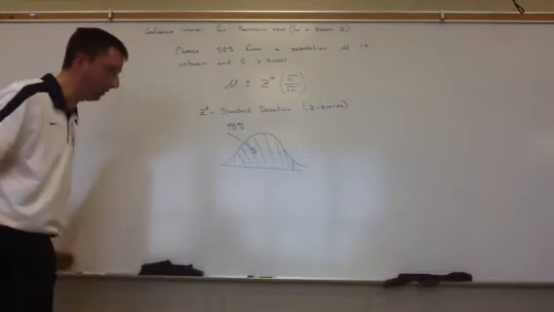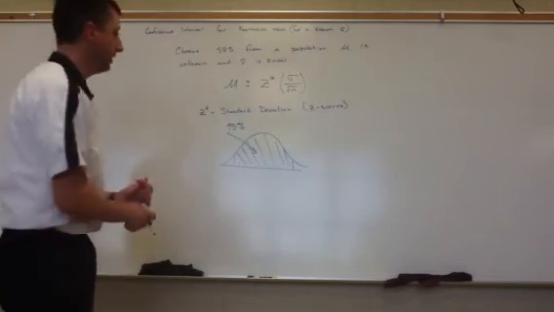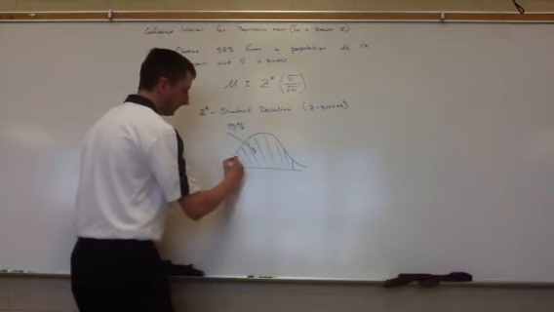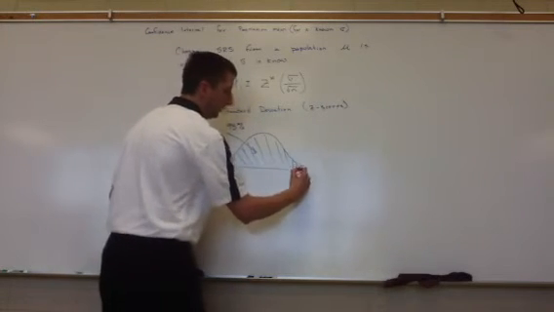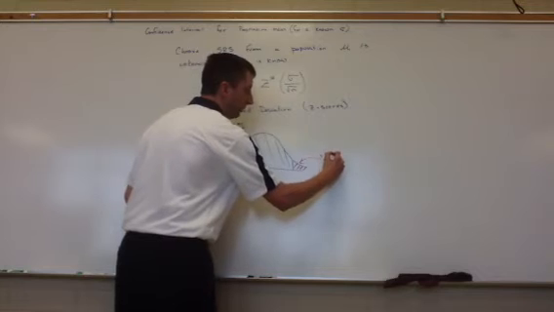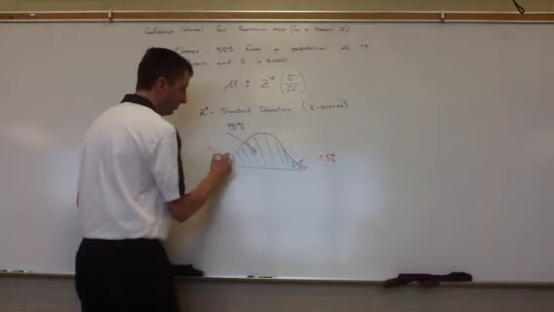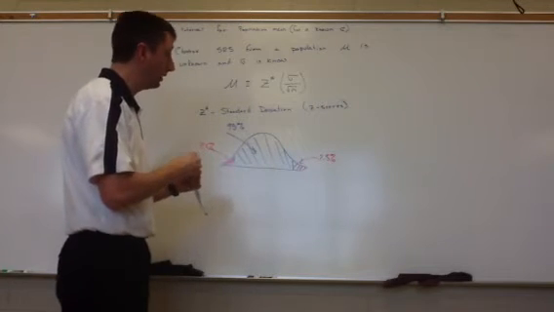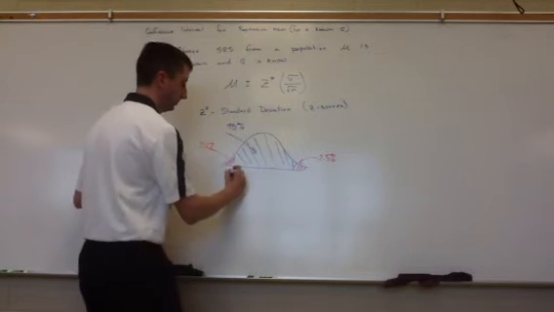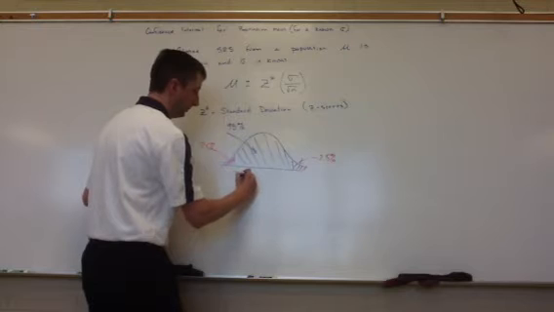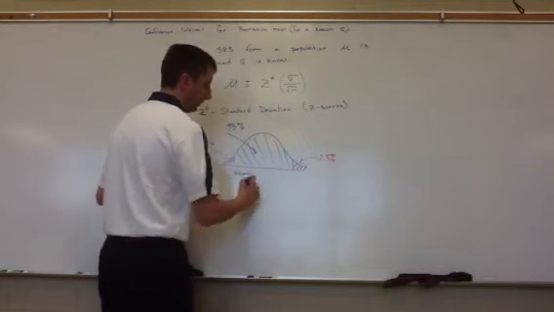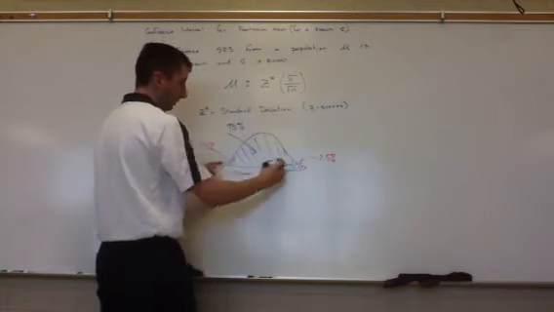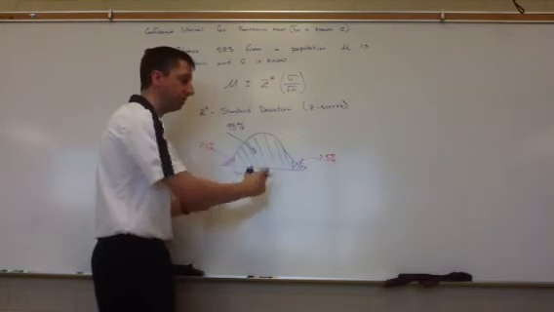Let me grab a different color here. I have my two tail ends here and here, so that should be 2.5% of my data, and that should be 2.5% of my data. So then the question is, what z-scores give me this kind of relationship?